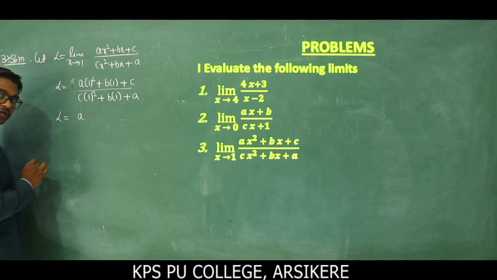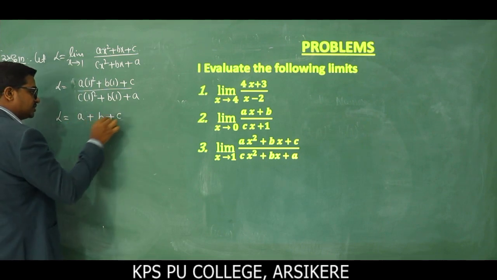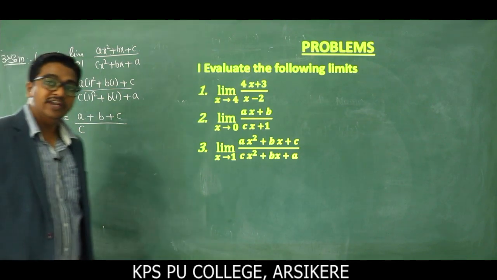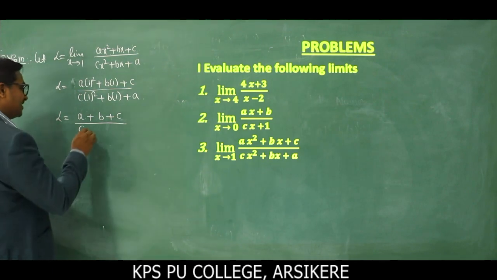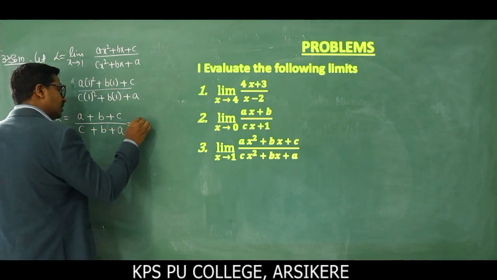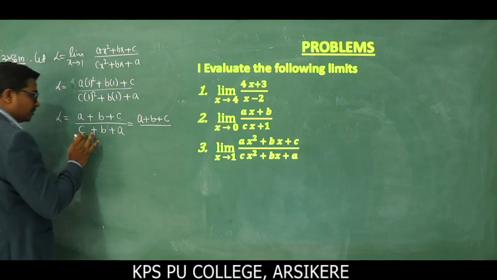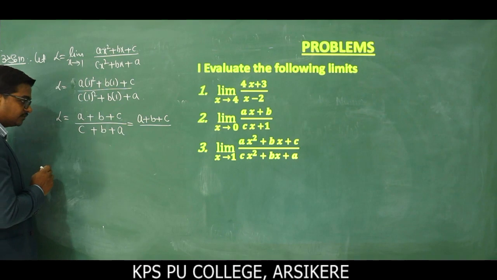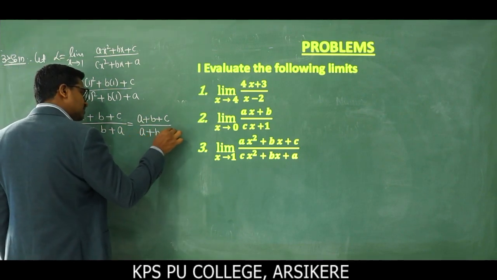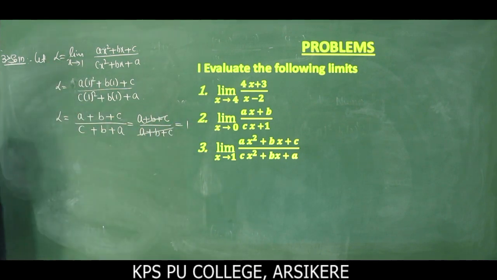So a into 1 is a plus b into 1 is b plus c divided by, this is c into 1 square, value is 1, 1 into c plus b into 1 is b plus a. So this becomes (a plus b plus c) whole divided by, we will rearrange this term, first write a plus b plus c. So both get cancelled. We have the same terms. We are left with 1.